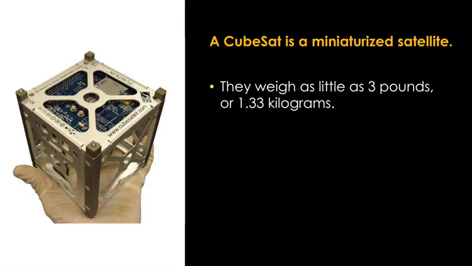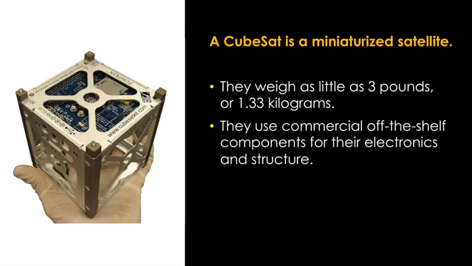CubeSat is a miniaturized satellite. You can hold it in your hand. It weighs as little as 3 pounds or 1.33 kilograms. It is built using commercially available off-the-shelf components, so anybody who has some instructions can build one. You don't need to be in a special laboratory.